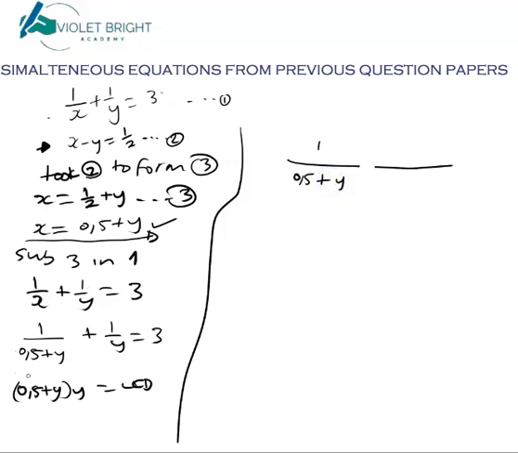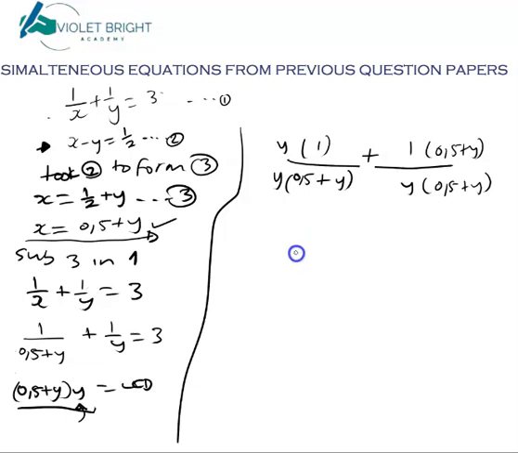So now, for us to get here, what do we need to do? We need to multiply by y. Remember that. Multiply by y. And plus 1 multiplied by 0,5 plus y, because it's y, multiplied by 0,5 plus y.